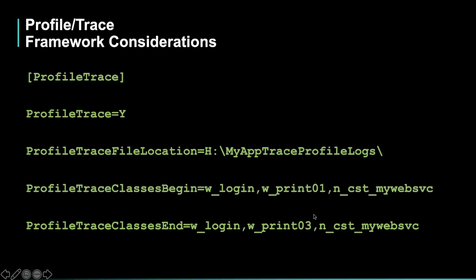Notice that we have a wish for having the trace begin and end for wlogin, where it opens and closes. But let's say that we wish another parenthetical set of begin and end for tracing to start at a print 01 window and to end at the third print window.